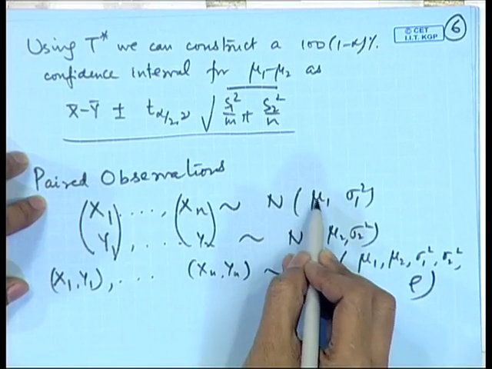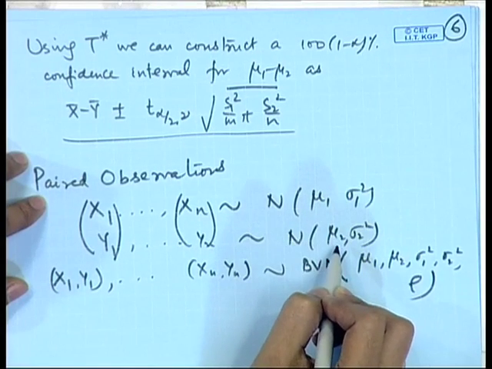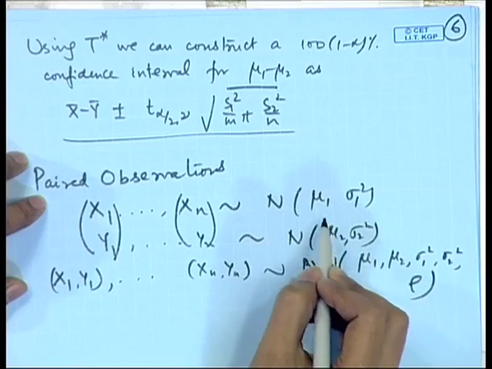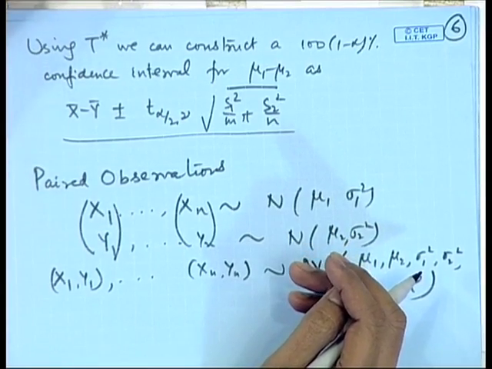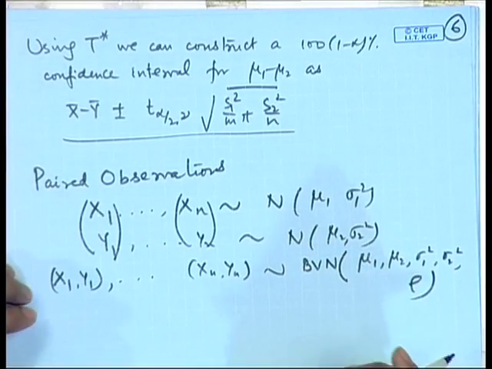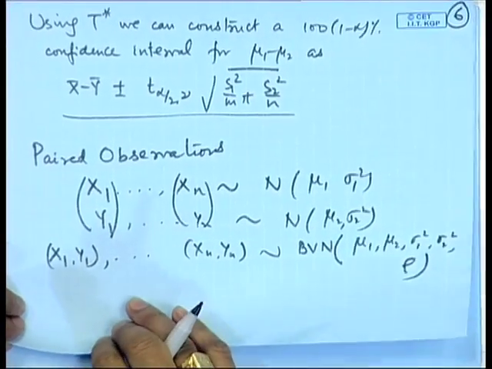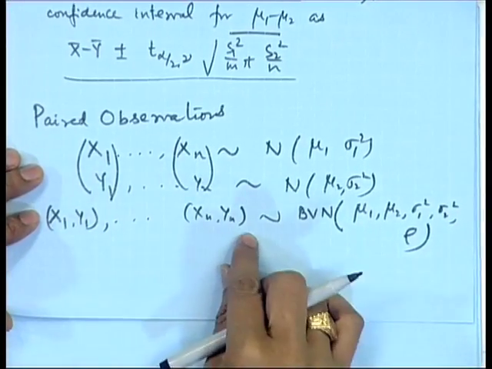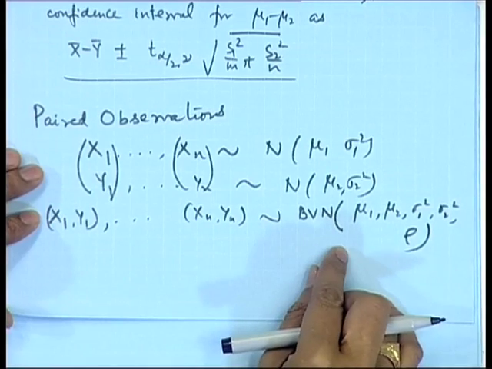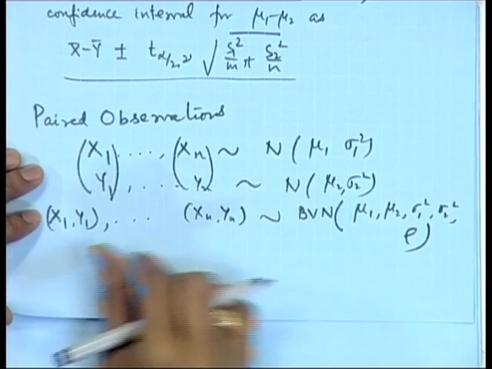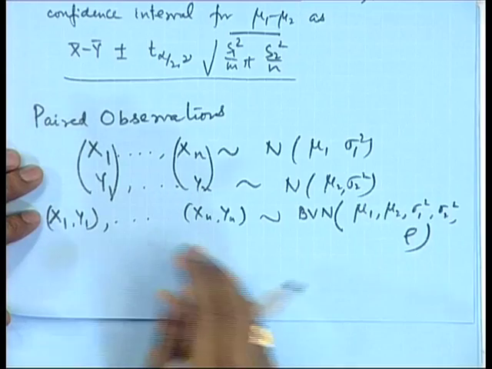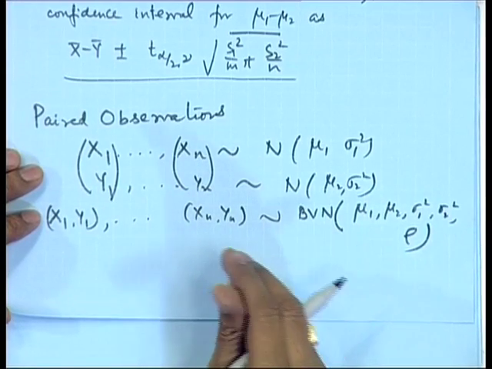Once again we are interested in the interval for mu1 minus mu2, that is, we want to look at the difference in the average effectiveness etcetera. A simple procedure for this is obtained by using the linearity property of the bivariate normal distribution, because if the random variable (X, Y) has a bivariate normal distribution, then any linear combination aX plus bY again has a univariate normal distribution.